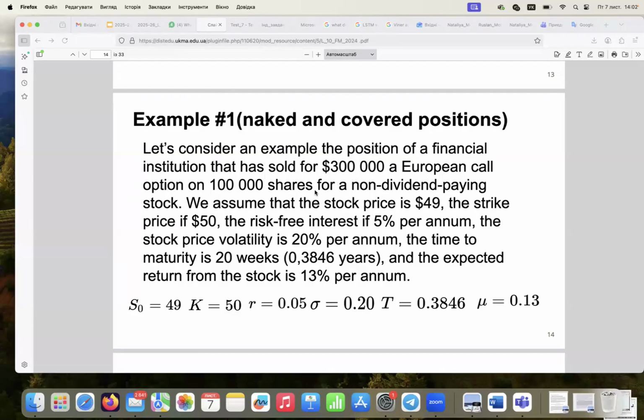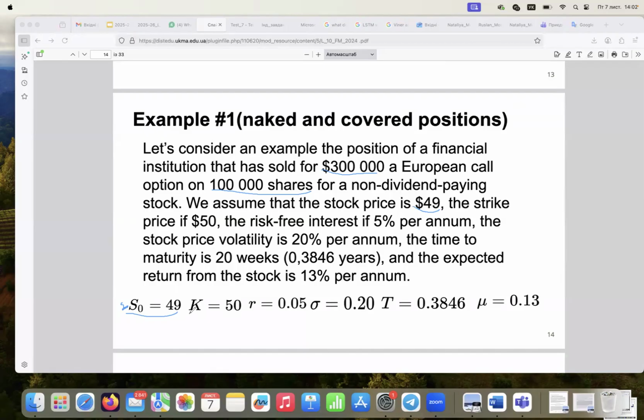100,000 shares. And this company sold this call option for this amount, on a non-dividend paying stock. We assume that the stock price today is 49, and we write this as S0 equals 49.